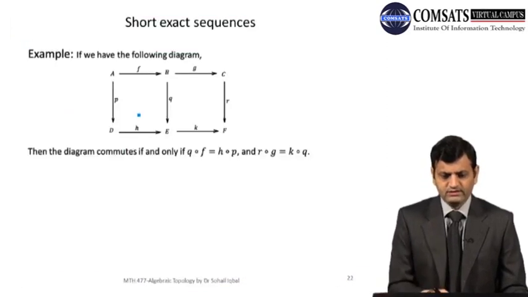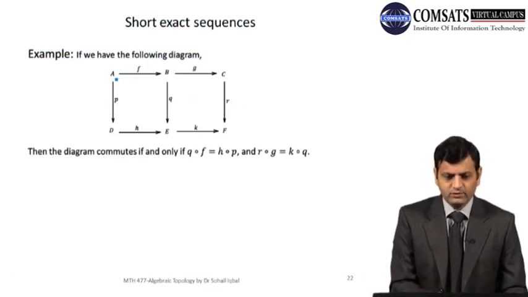So as an example, consider this diagram. Now if we want this diagram to be commutative, then if I move from A to E from this side or this side, then I should get the same answer.